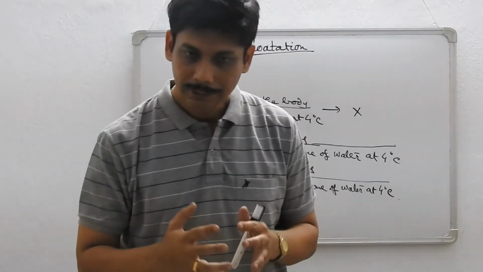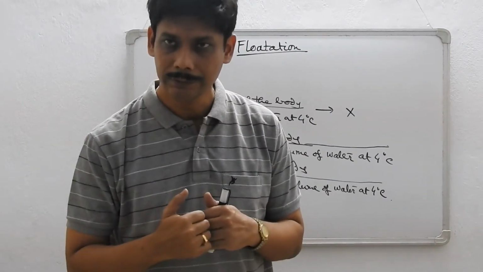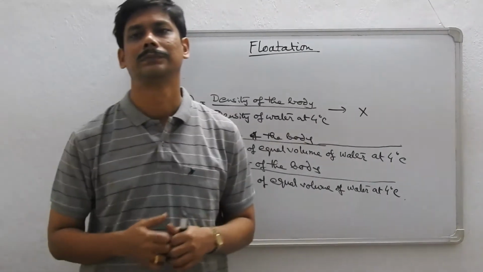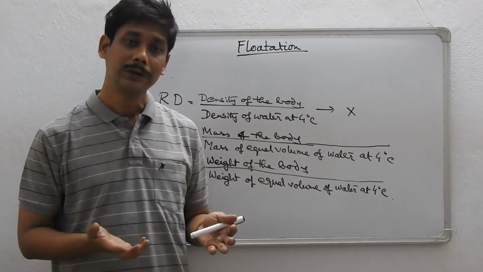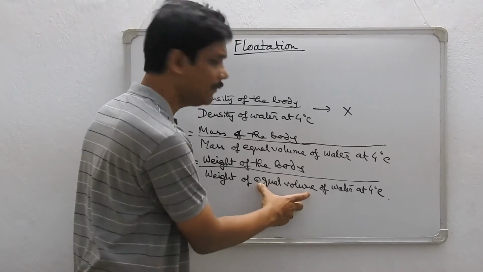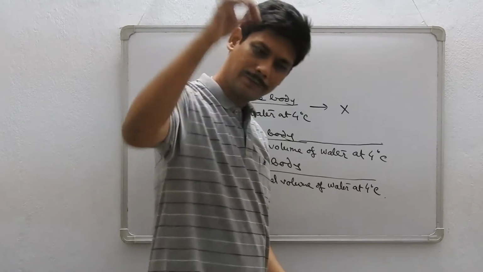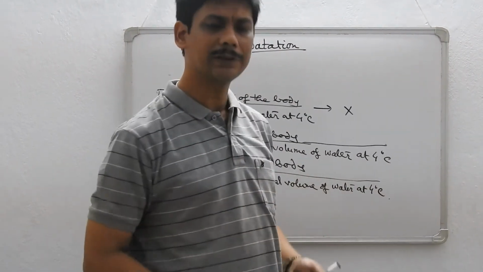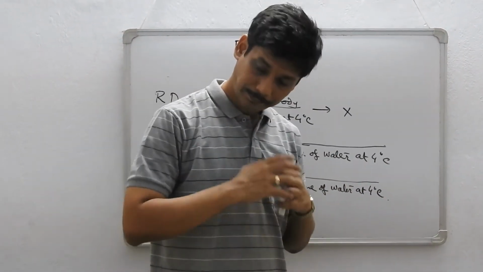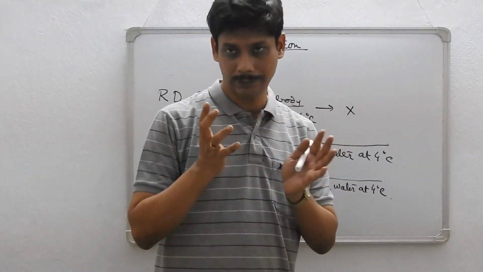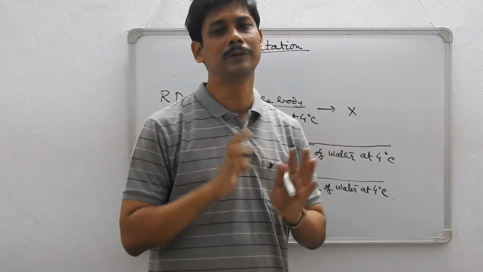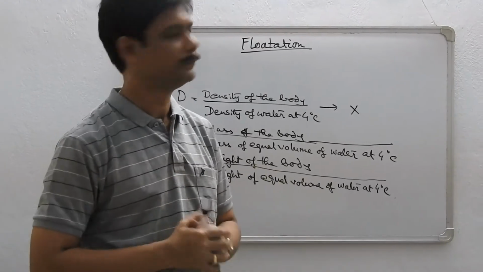You can see the same bottle filled with water becomes much heavier than who? Than the same volume of water which it displaces. When it is going down, it is going to displace the amount of water which is equal to the volume of the whole bottle.